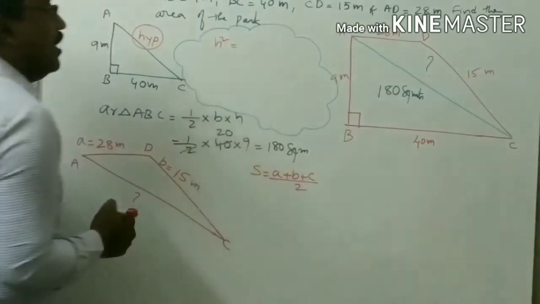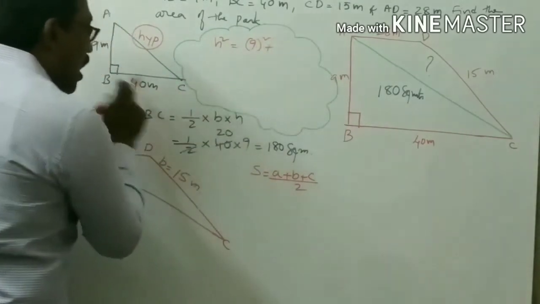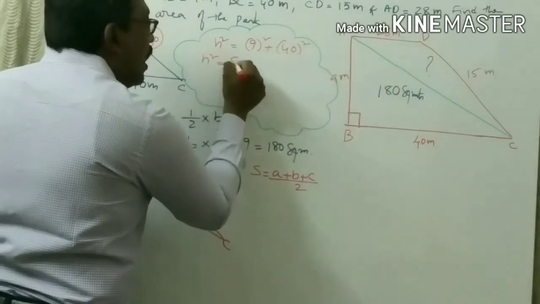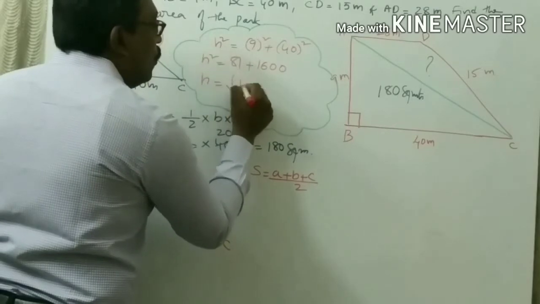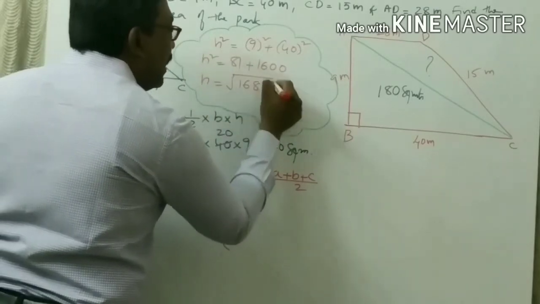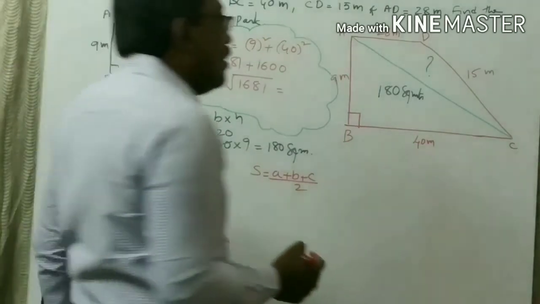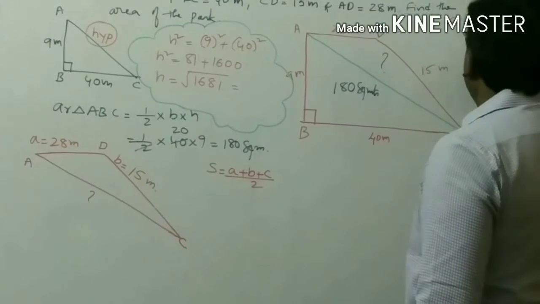So hypotenuse square is equal to 9 square plus 40 square, so 81 plus 1600. h is equal to root of 1681.